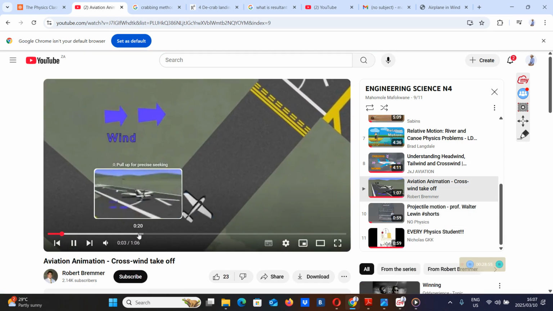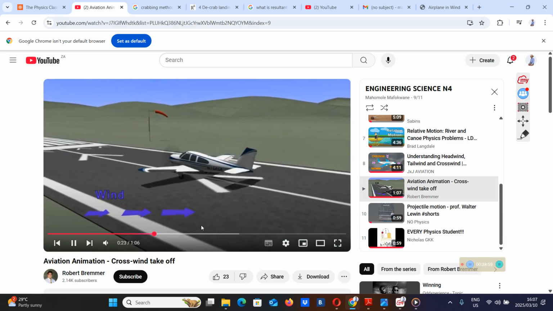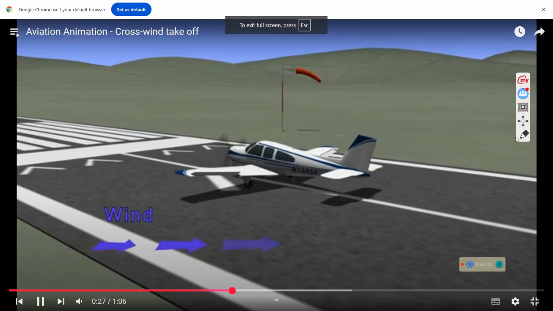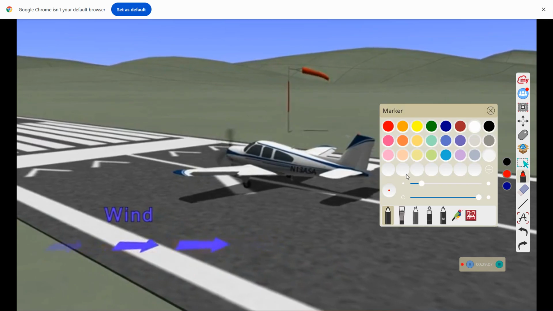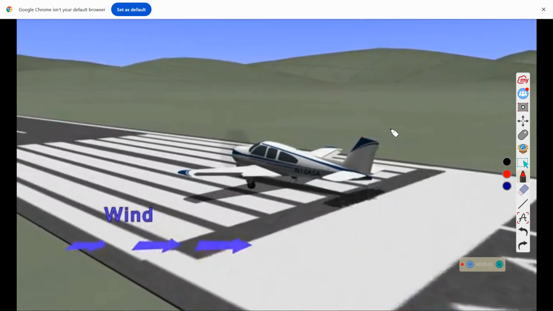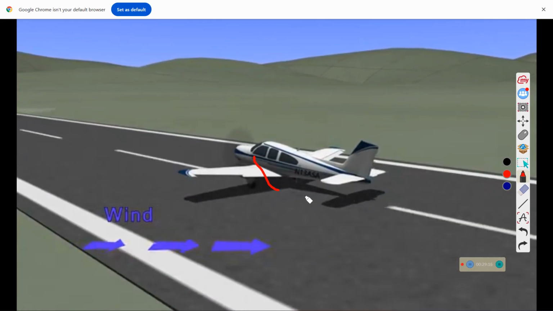I want you to observe something. Once this thing starts to lift, you will see the speed will be affected. Initially it is moving faster, then once it starts to move into the air, the speed decreases. Check the speed now, it's quite fast.